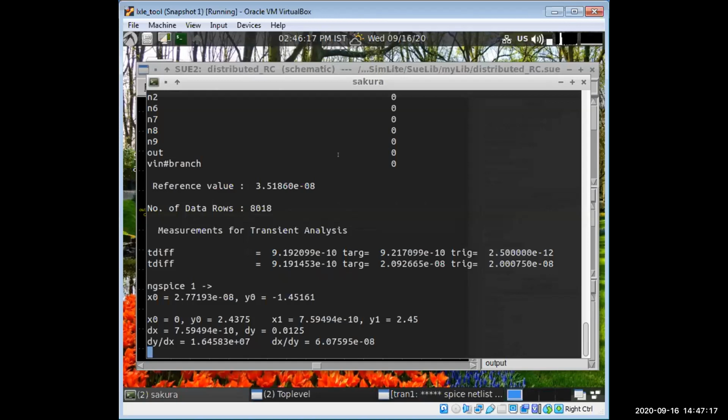If you add 5 more resistors and capacitors in that ladder network, you will get more accurate delay as compared to the 10 segment ladder network. So you understood up to this? Yeah, this is very fine.